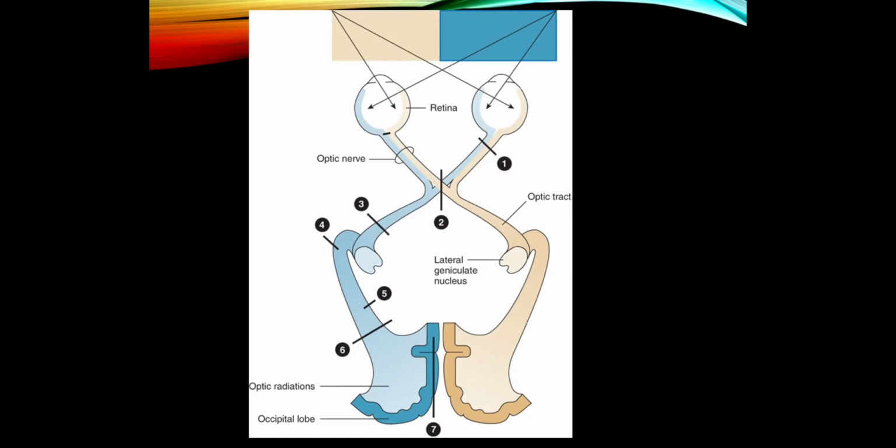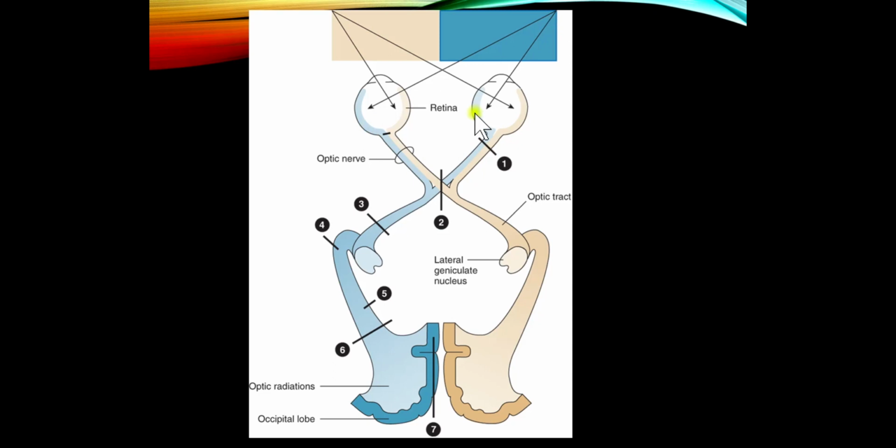Now notice if we have any lesion posterior to the optic chiasm, all of that contains information that is either from the ipsilateral temporal retina or the contralateral nasal retina. Okay, and what does that see? Well, if this is the left eye, let's just say, the temporal retina sees the nasal visual field.